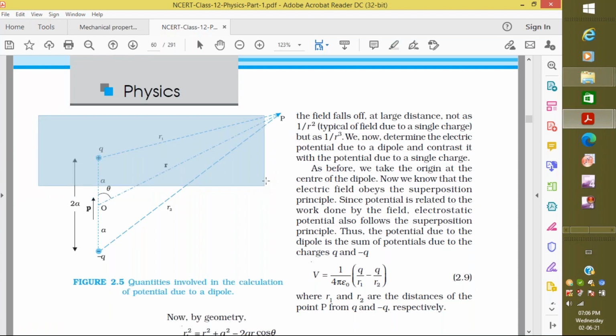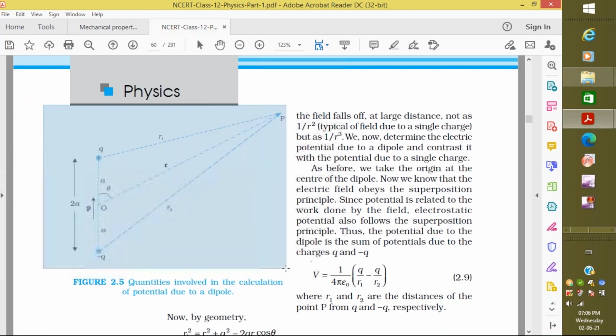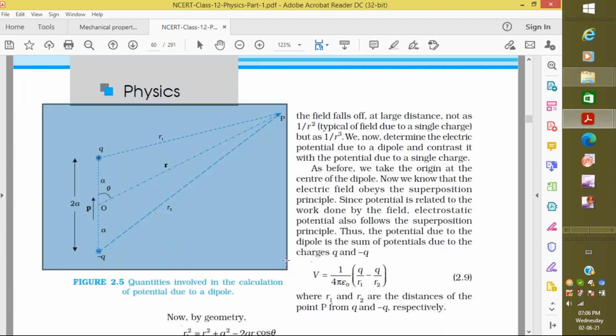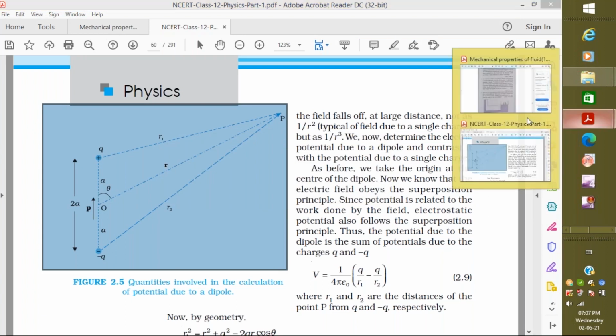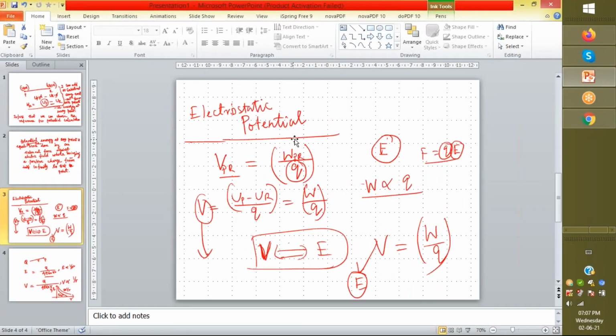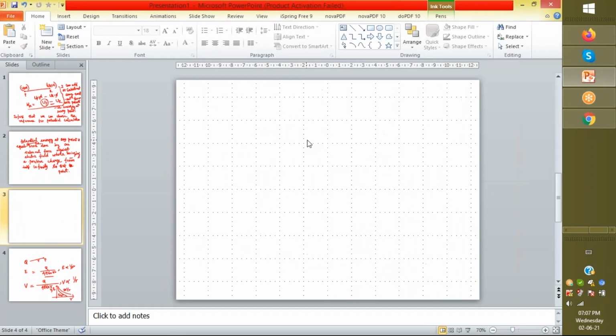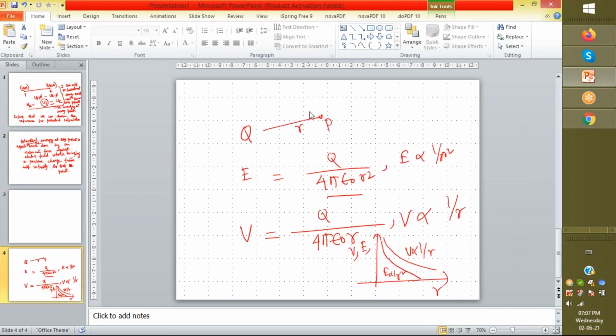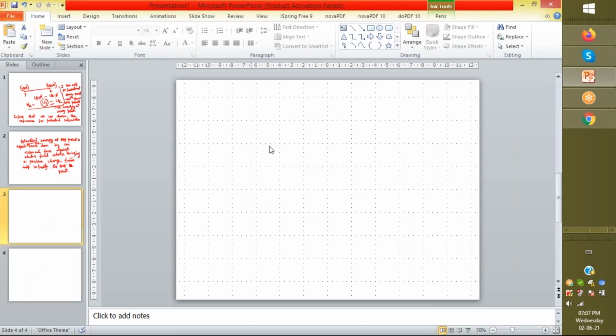Sorry, I'll just copy this figure. We'll derive potential for a dipole.